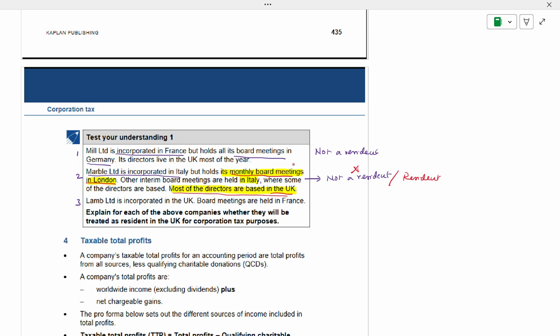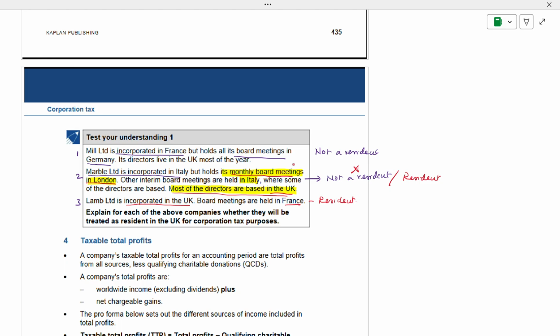Next, Samuel. So that is resident because it's incorporated in the UK. A company that is incorporated in the UK is resident in the UK, regardless of where it is managed. That is irrelevant.